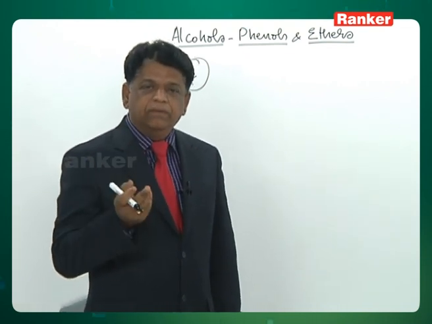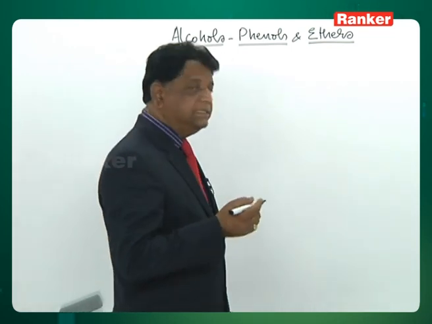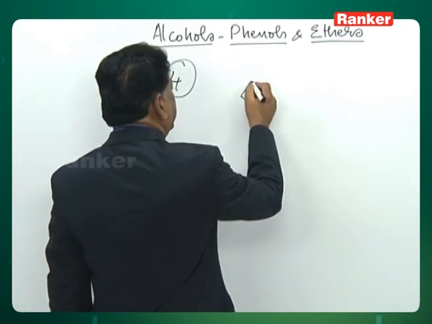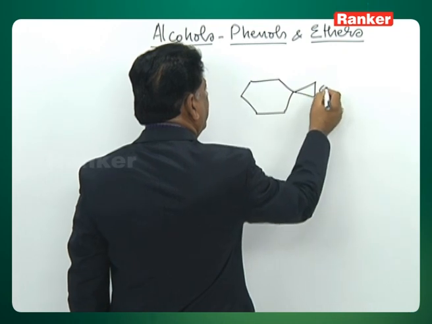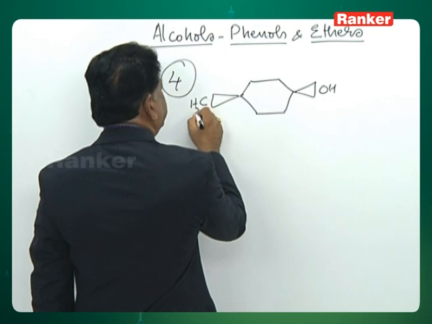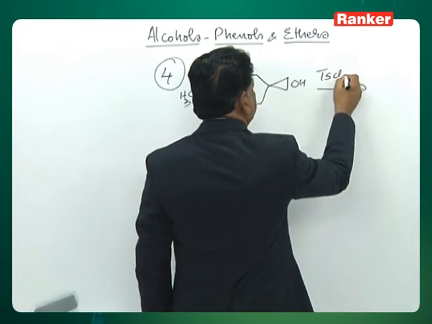On that reaction, TsCl is added. What is TsCl? It is known as tosyl chloride. So it is a cyclohexane containing OH of beta type, and methyl is also of beta type, and this was treated with tosyl chloride.